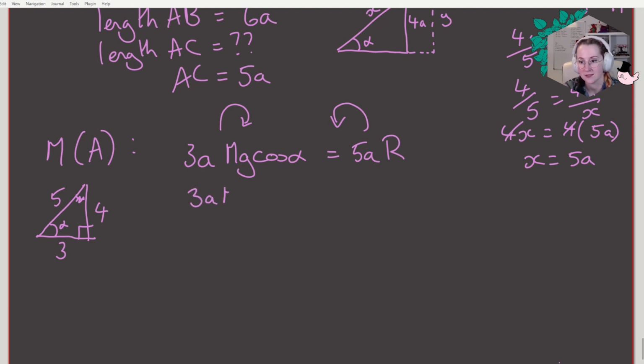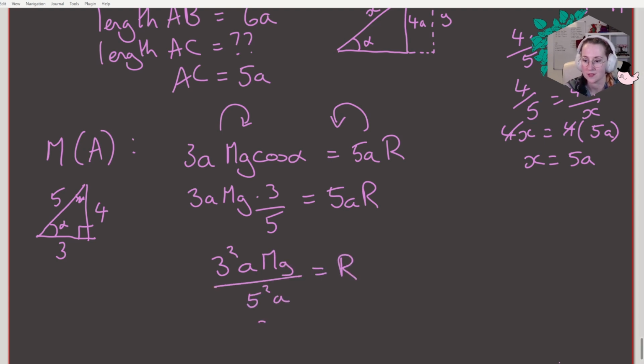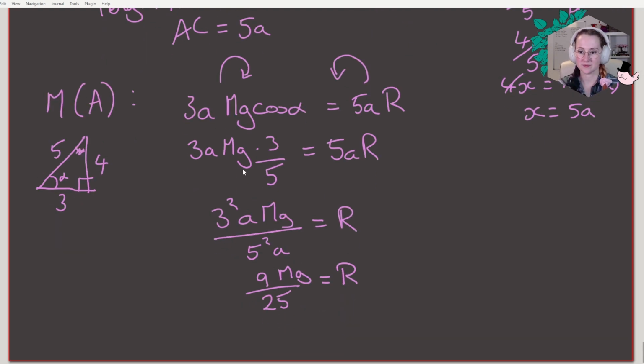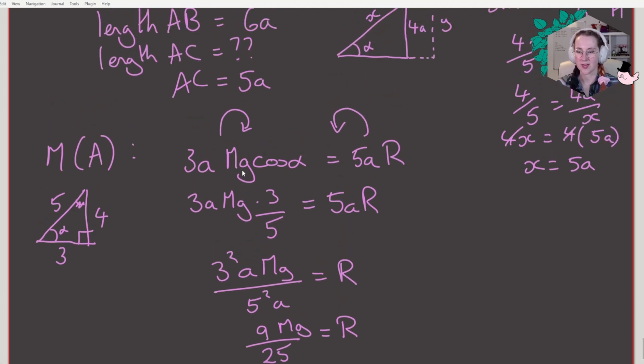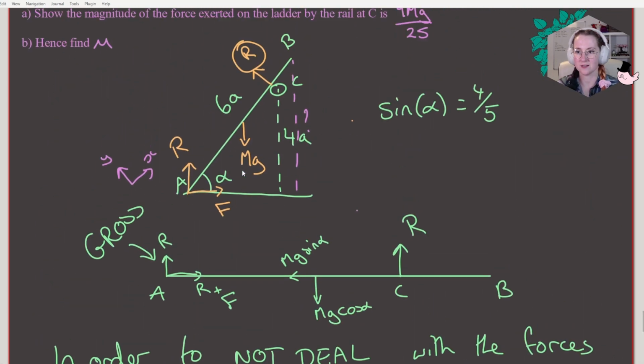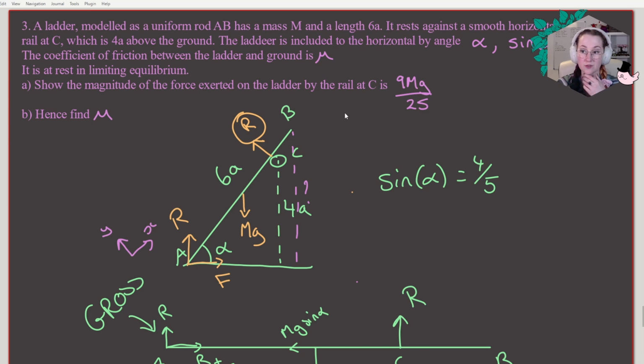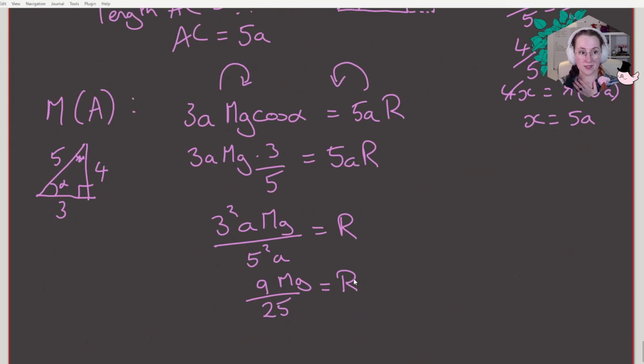So 3a mg times 3 over 5 is equal to 5a R. Rearranging this, you get 3 squared a mg over 5 squared a equal to R, or 9 over 25 mg equal to R. So that is precisely what it asked us to find way back here. Show that the magnitude of the force exerted on the ladder by the rail is 9mg over 25. Ta-da!